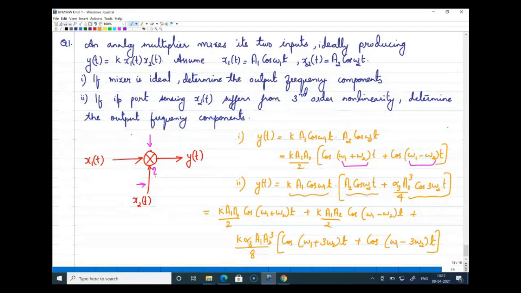Now you have more tasks here, because since you have additional terms, you may have to filter them out properly, and you may have to look for the proper frequency component you are expecting at the output. All right, that is what we can understand or infer from this very simple example.